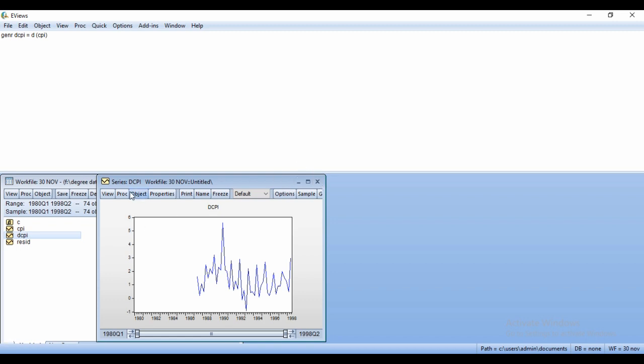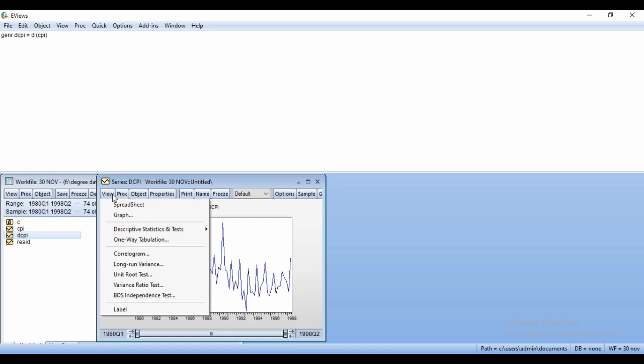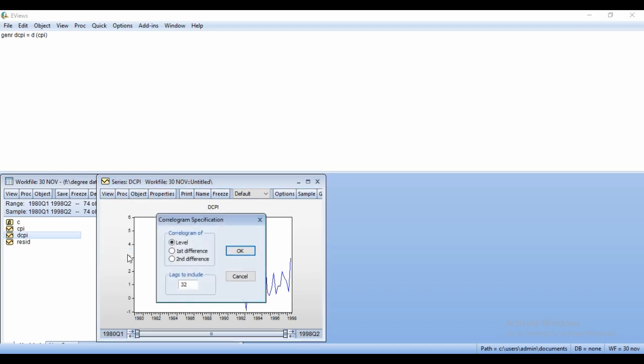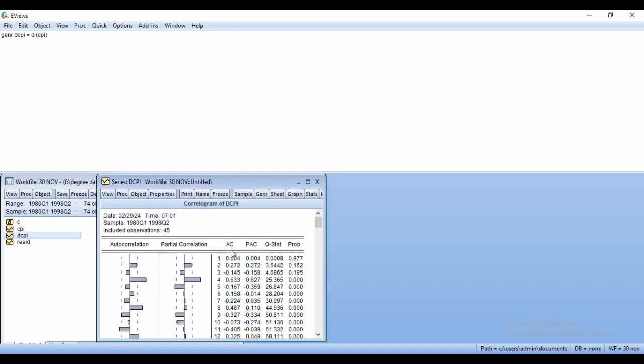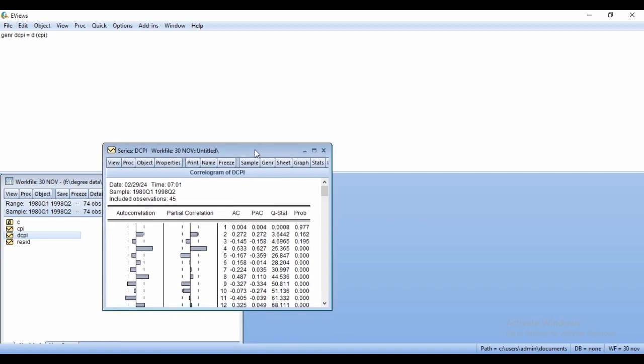As we can see, now we have to estimate our ACF and PACF. What that means? It means just go to correlogram specification and don't change anything and just click OK. Now we can see that we have ACF and PACF.